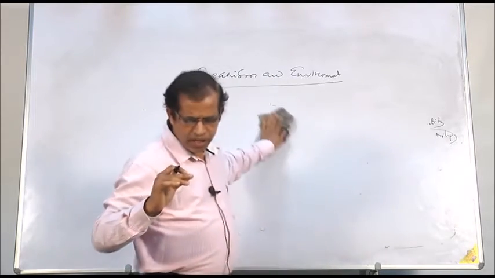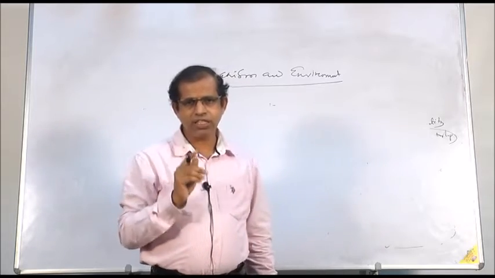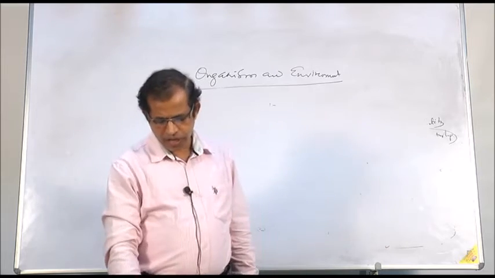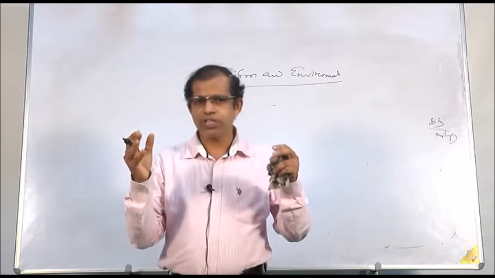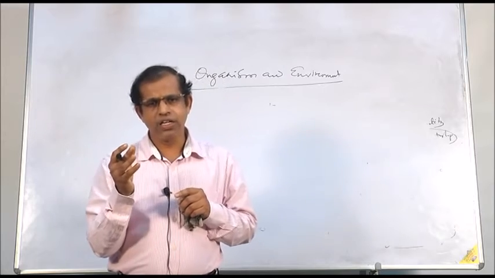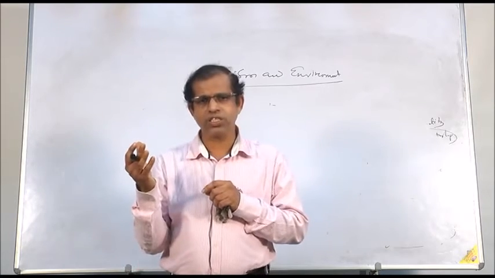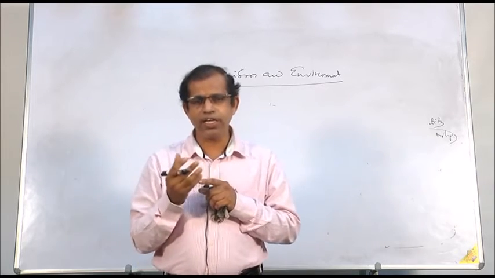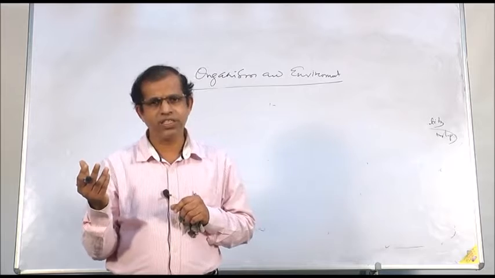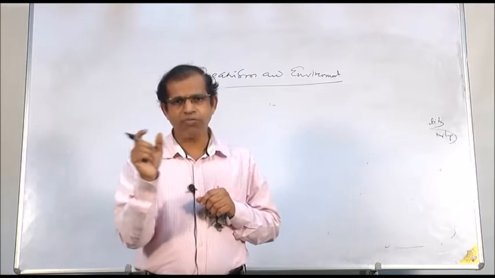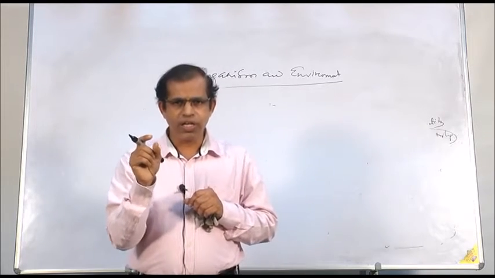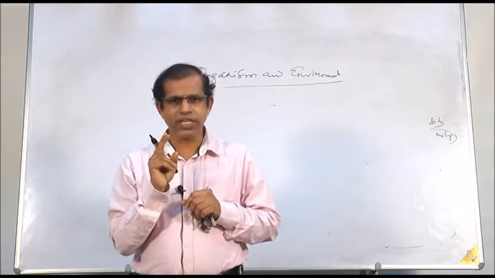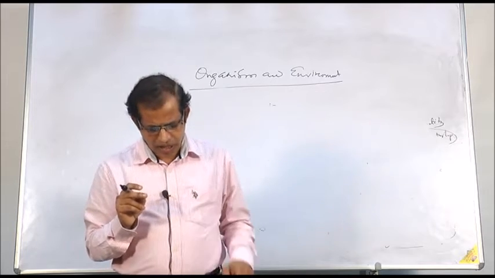Now we can write down: ecology is the scientific study of the relationship of living things with each other and the interactions of living things with the non-living entities. So that interaction, and among the living, that is your relationship. Two words you should always try to remember: one is interaction, another is interrelationship.